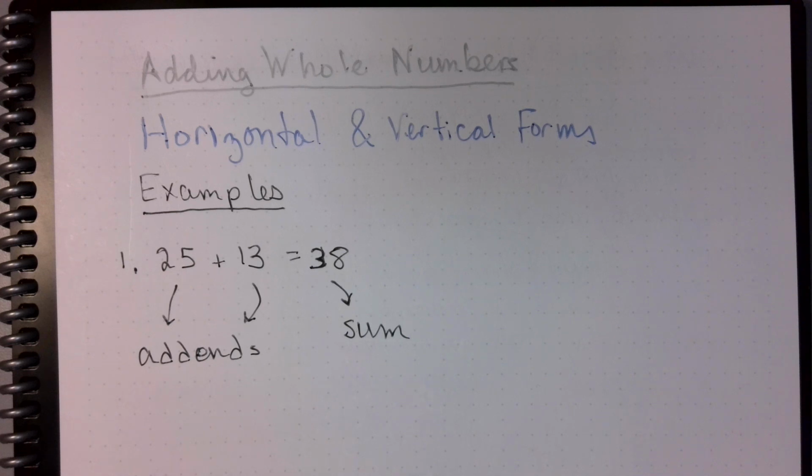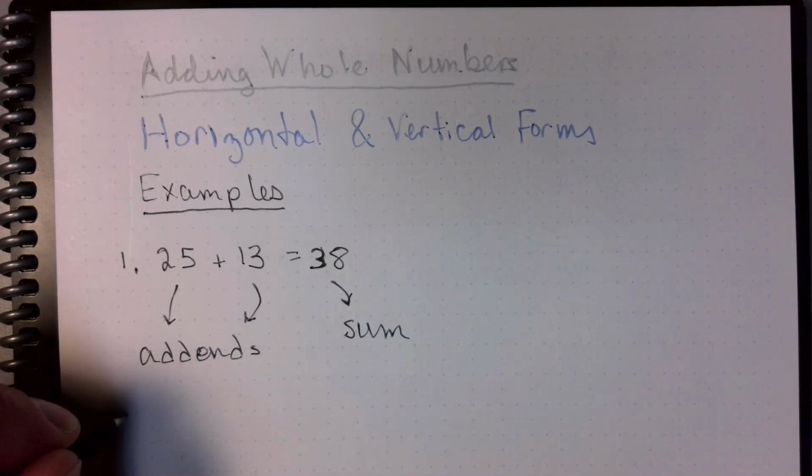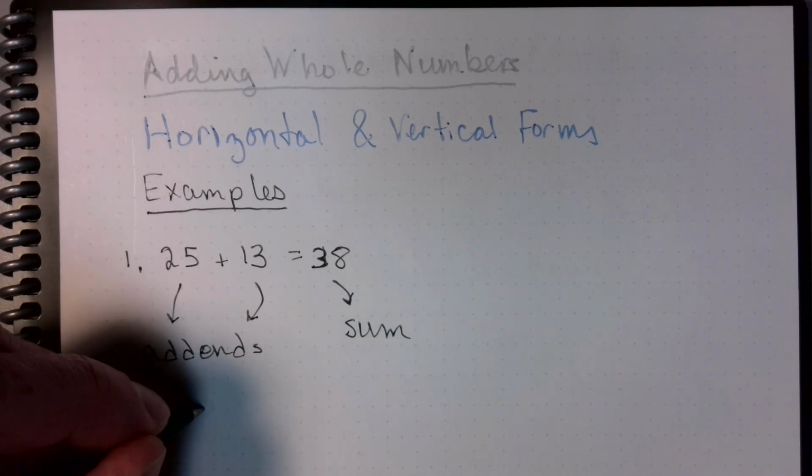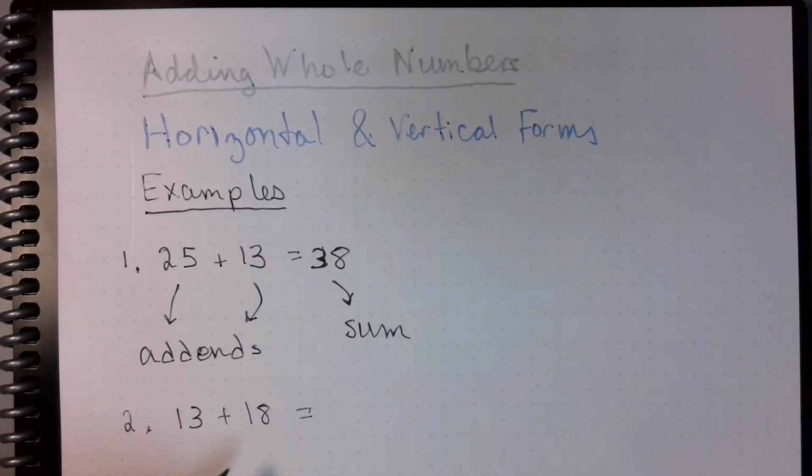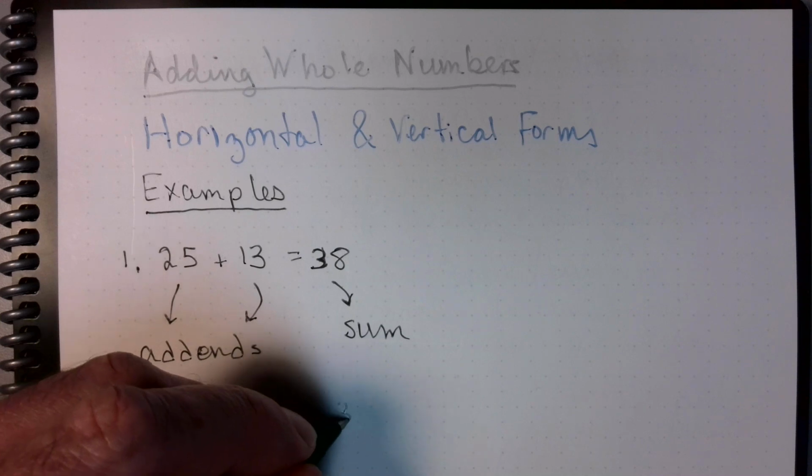Okay, for another quick example, we could do something like, oh, I don't know, 13 plus 18. Okay, so once again, I'm thinking about my place value properties. 13 plus 10 is 23, and then tack on 8 to the 23, and that gets me up to 31.